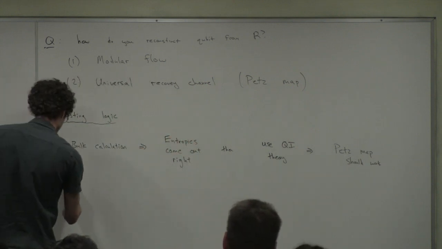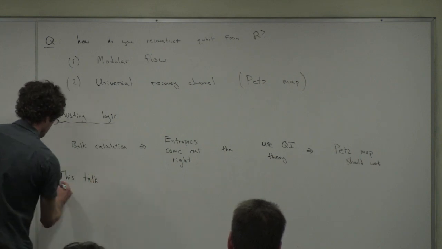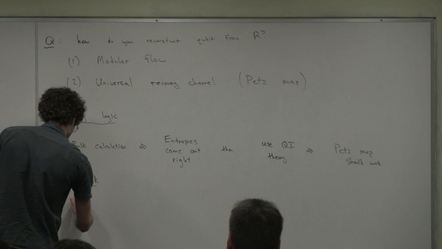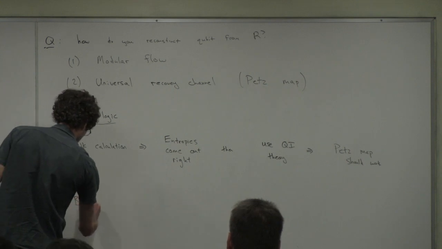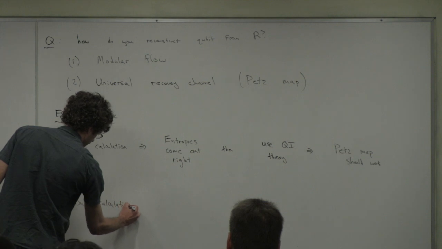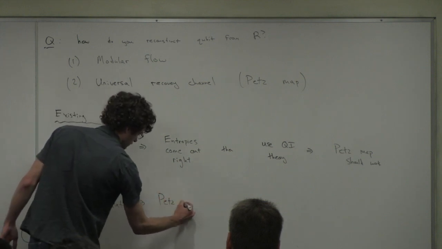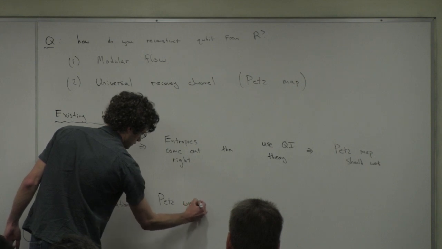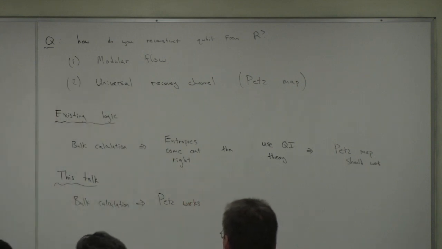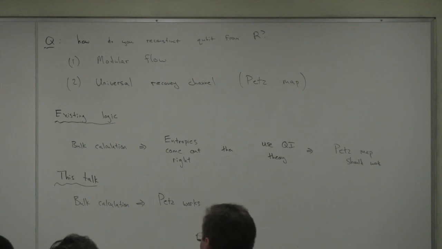So what I'm going to discuss in this talk is you just do a bulk calculation that directly shows that the Petz map works. And the bulk calculation, it shouldn't be a surprise, is very similar to the FLM calculation.